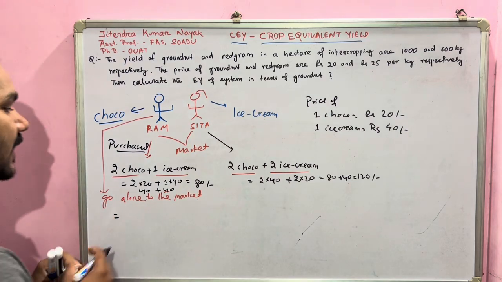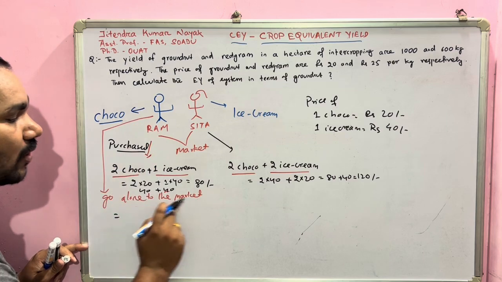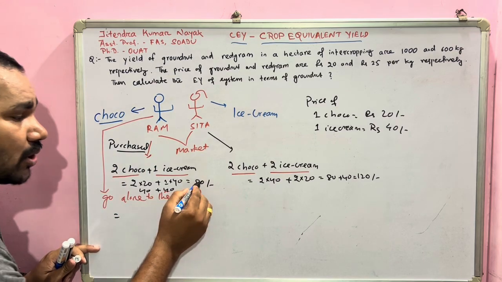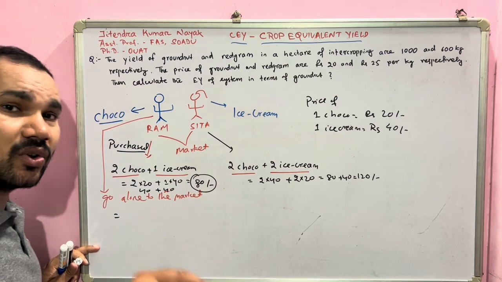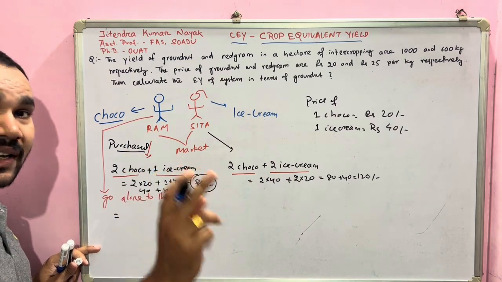Now suppose Ram goes alone to the market. Out of this 80 rupees, Ram will purchase only chocolate. He will not buy ice cream because he doesn't like it.